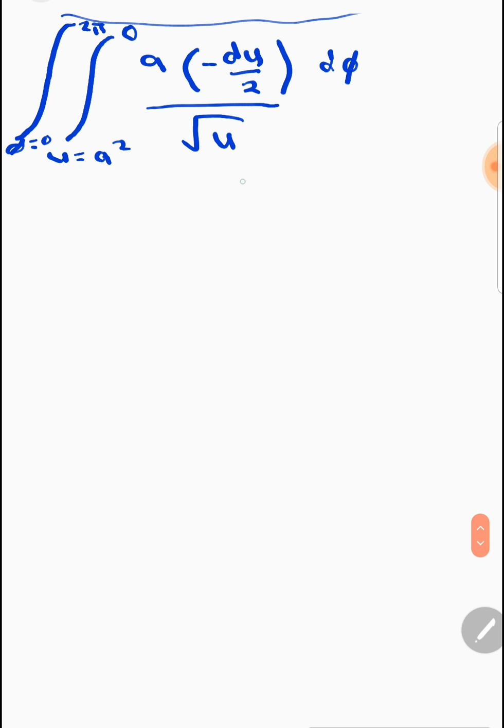So if I am rearranging this again, I can write this as negative a over 2, corresponding to this one here. And I can write this as u to the power of negative half. So remember, u to the power of negative half is actually equivalent to 1 over square root of u. So it's actually just the same.